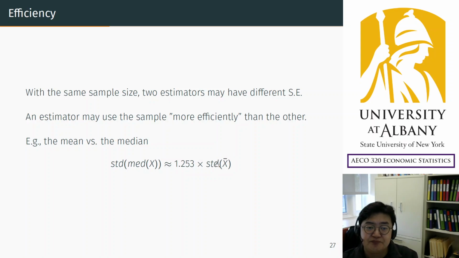In this sense, the sample average is a more efficient estimator than the sample median when you estimate the expectation. So this is how we compare efficiency when you have the same sample size, and this is more difficult than comparing the sample size, of course.